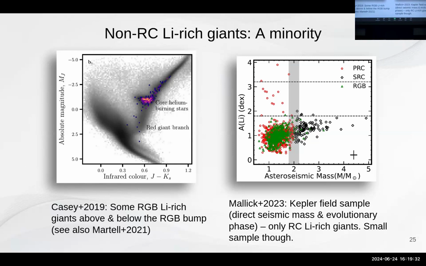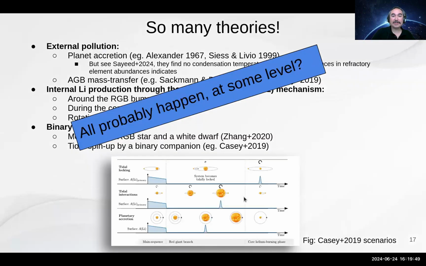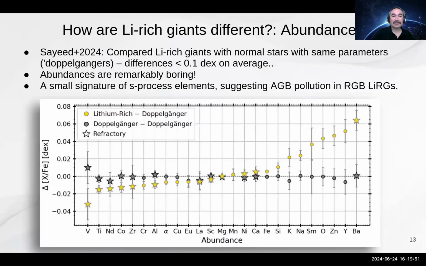Thanks. This is not a question, just a comment. We wish to note that the majority of lithium-rich giants show enhancement in sodium abundance. Okay, so I showed that plot. We have sodium here.